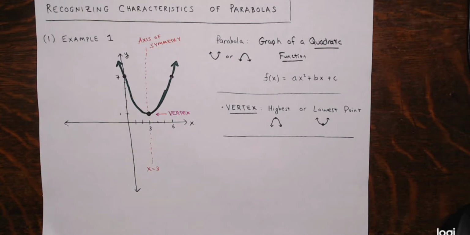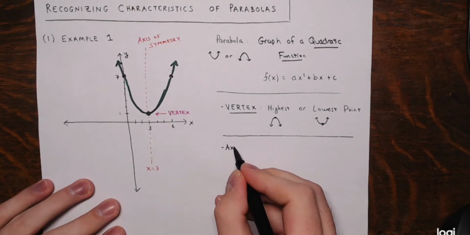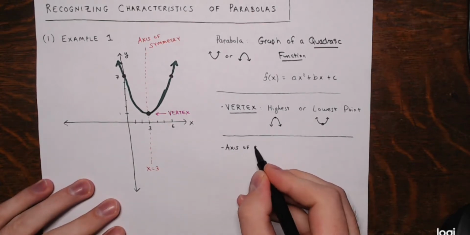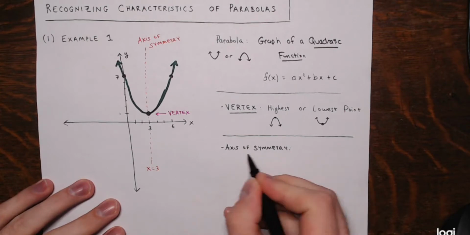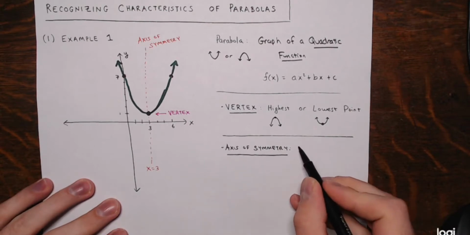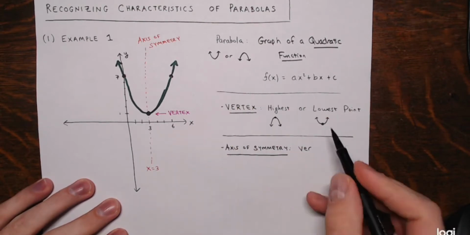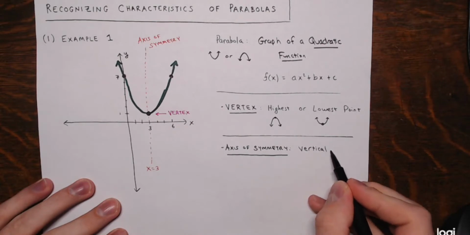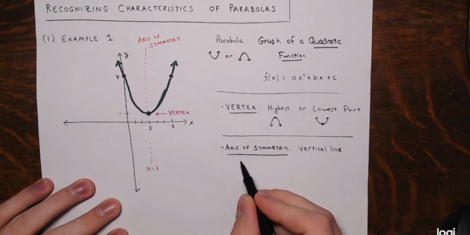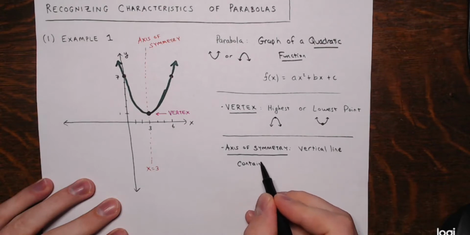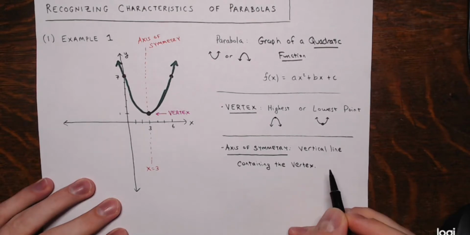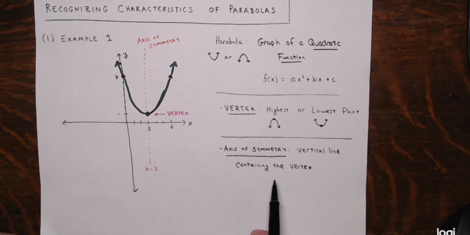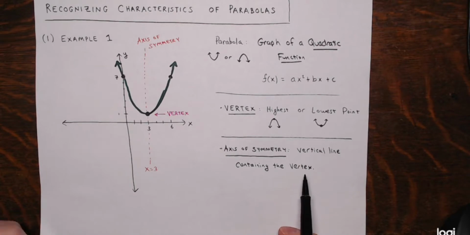So off to the side here, axis of symmetry. For these parabolas that open up and down, this is just a vertical line containing the vertex. And we'll talk about how to easily identify the equation for this axis of symmetry in later videos.